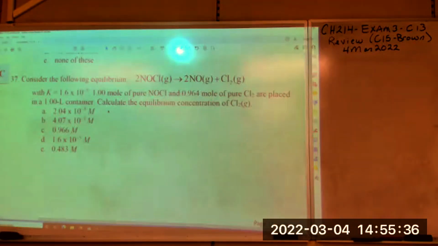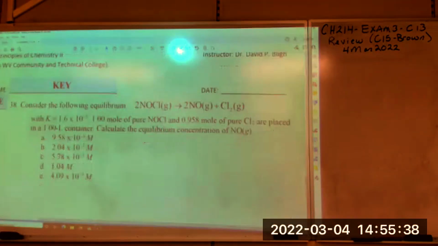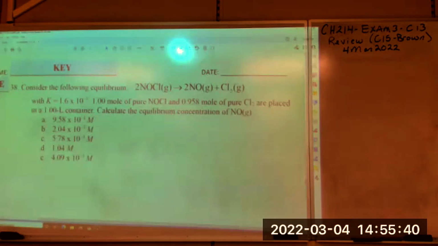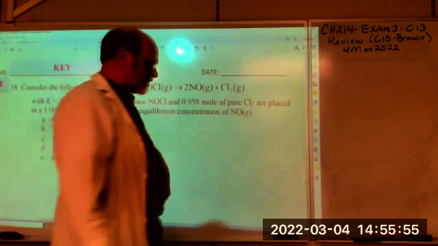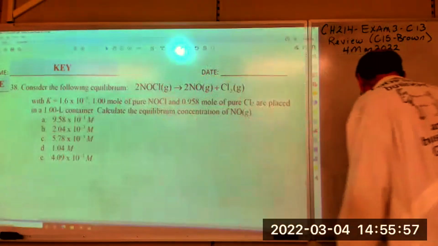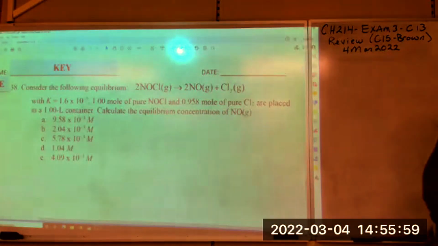One more. 2NOCl, that's the same equation. Calculate the equilibrium concentration of NO. Oh, and I erased all of it. Okay. What did we set up for NO? Shoot.